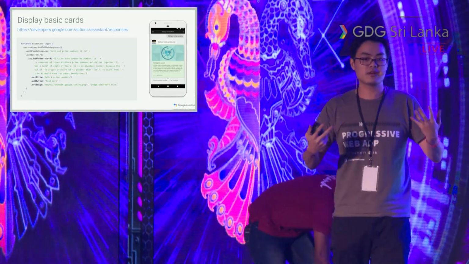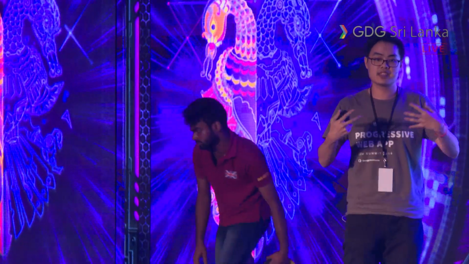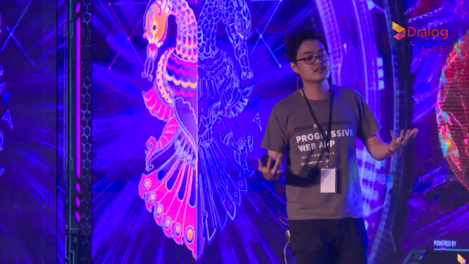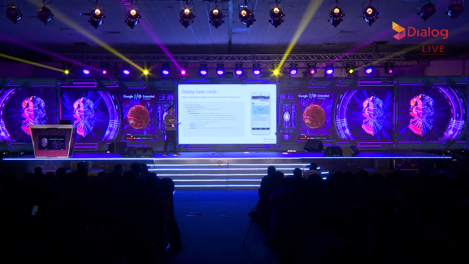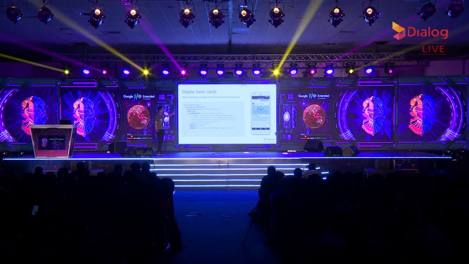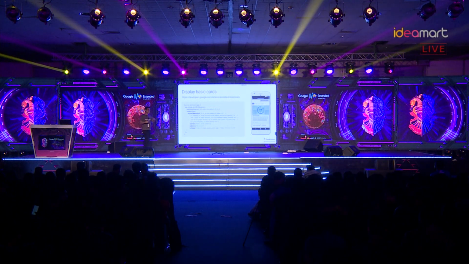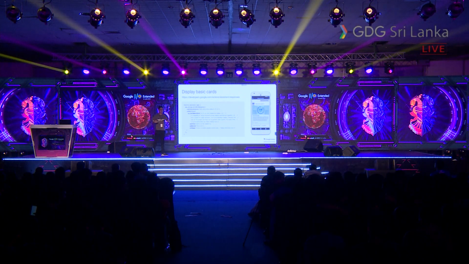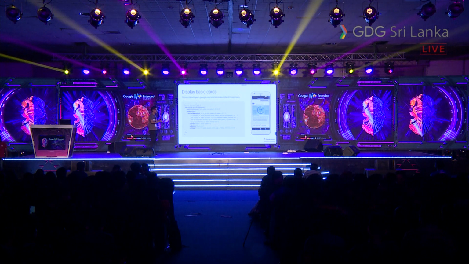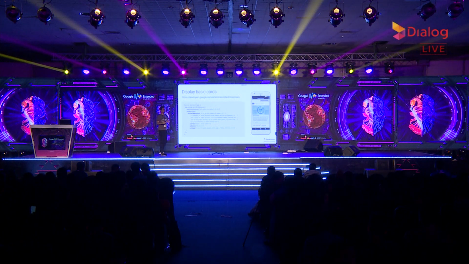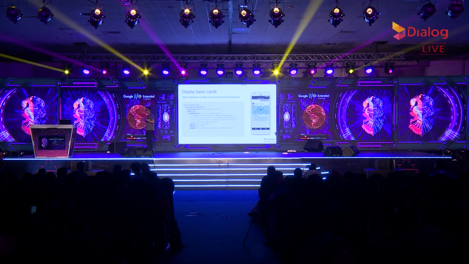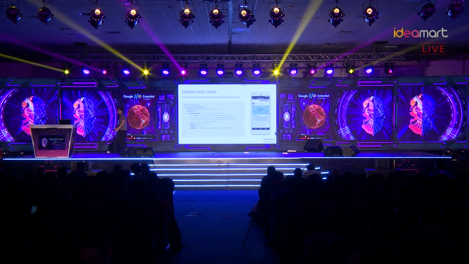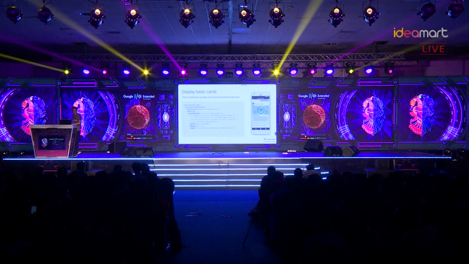So then it pops out and you can ask, what are the top destinations that you can provide? So when that happens, you can, of course, supplement it with output such as a card that shows the background image of the place that the users want to visit, and a short summary of how to get there or what it is about. So this is a basic card display, a response that you can use in your application itself.